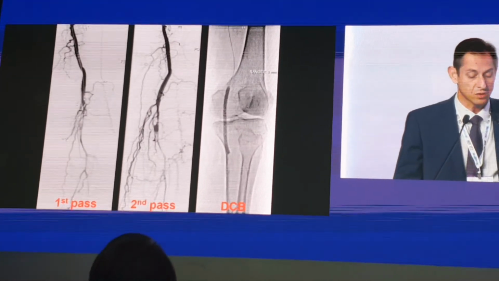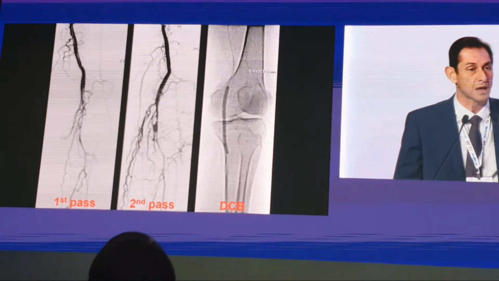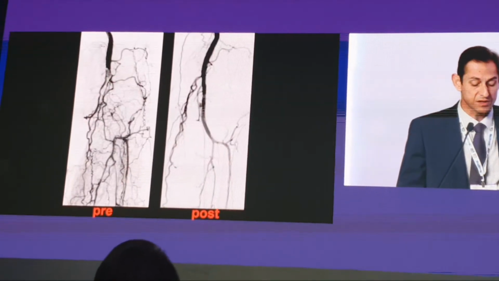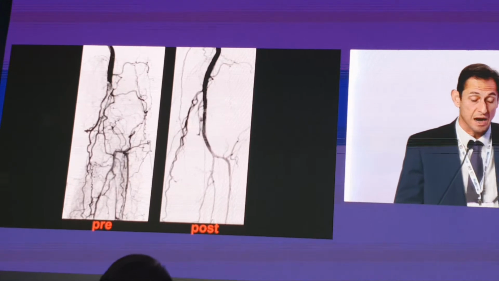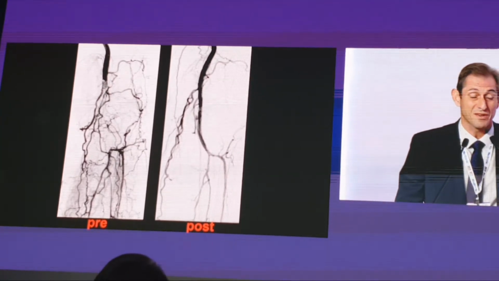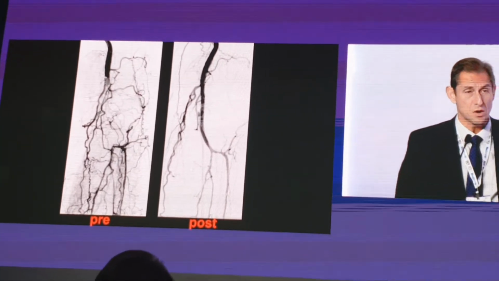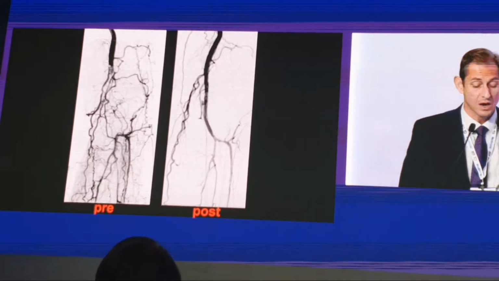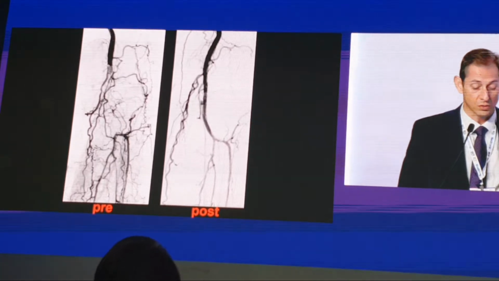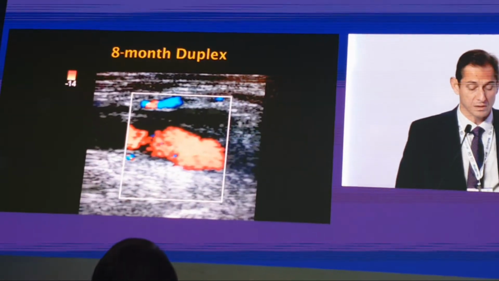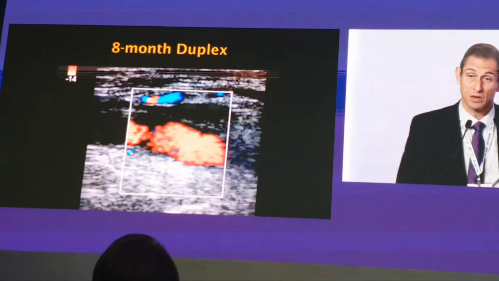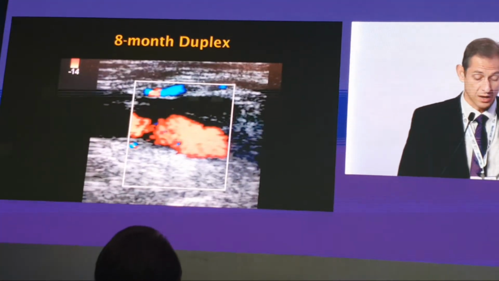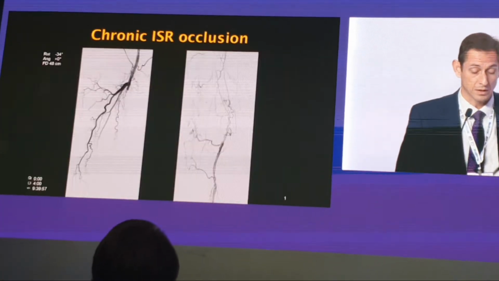Right-hand side, we immediately apply a drug-coated balloon angioplasty, and this is the final result. So basically, we started with something really complex, and we ended up with no stent, a beautiful angiographic result, and above all and foremost, a 3-vessel runoff in this critical patient, and he has been doing pretty fine without any repeat procedure at the last follow-up.